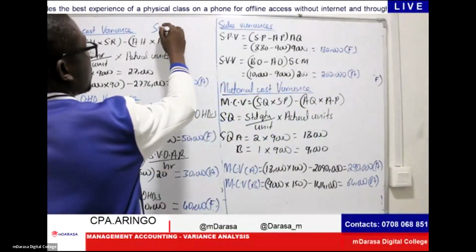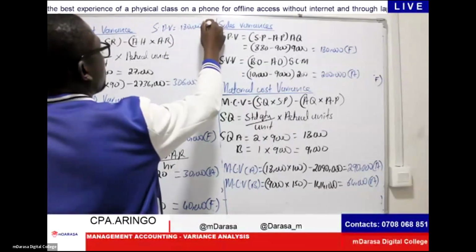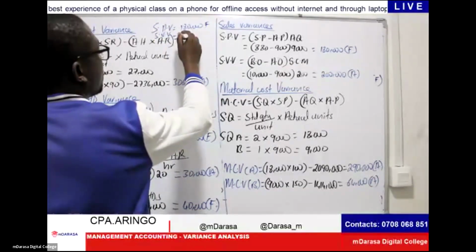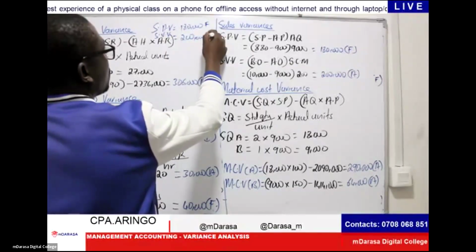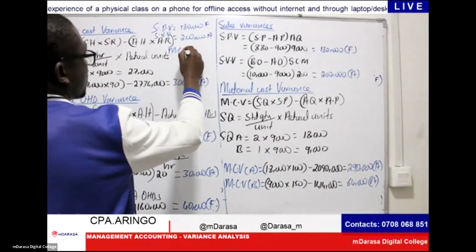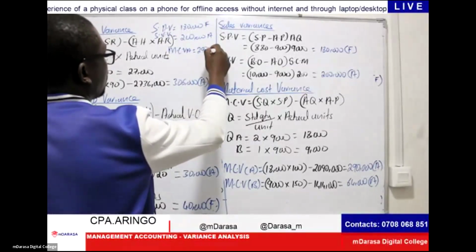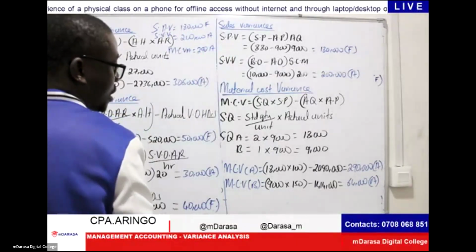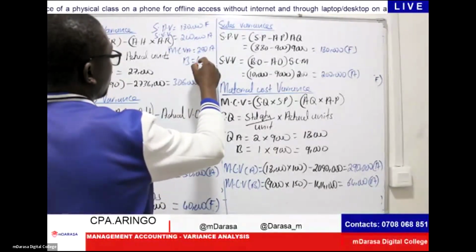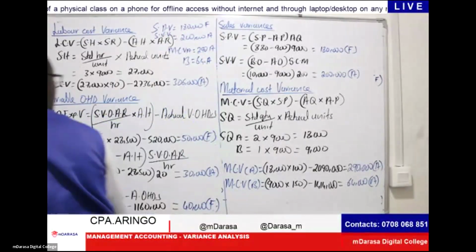Sales price variance, we've seen it is 80, which is favorable. We have sales volume, we've seen it is 200, which is adverse. I can see material cost variance for A, I have 90,000 adverse, and for B, I have adverse as well. I want to erase this part, that's why I am marking them there.